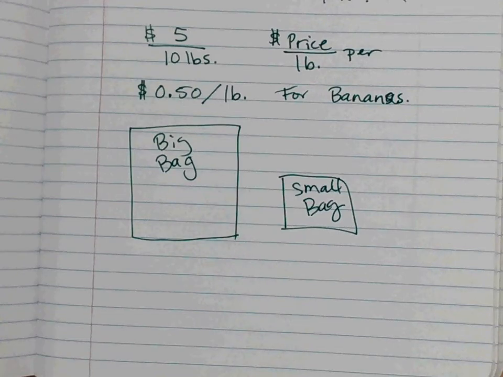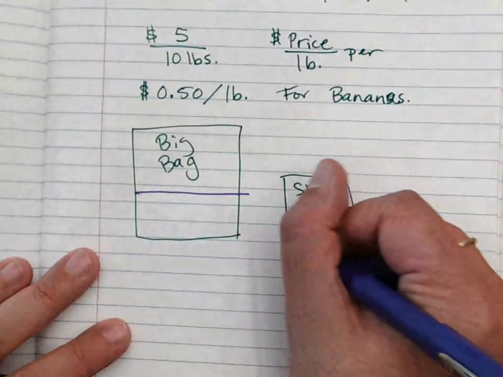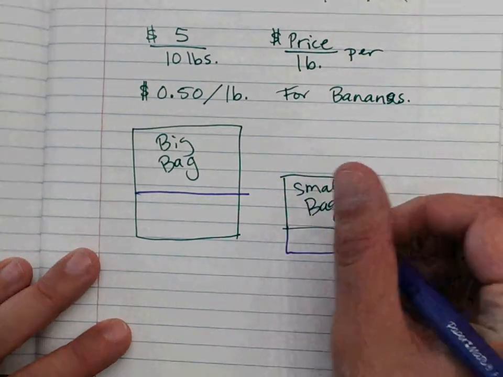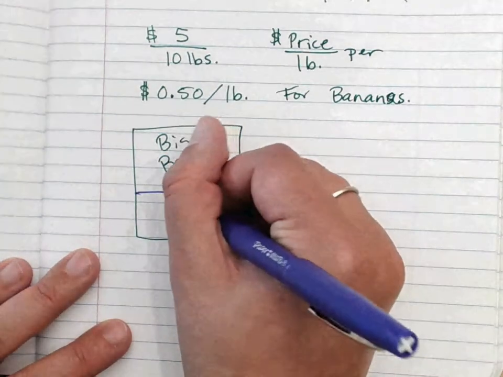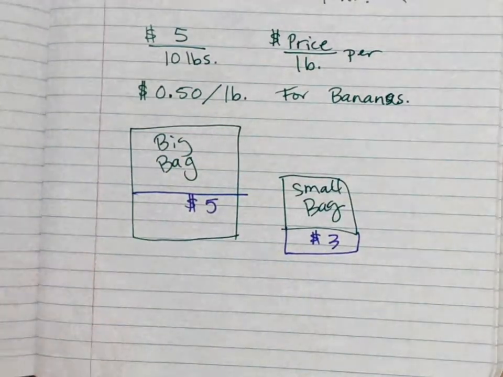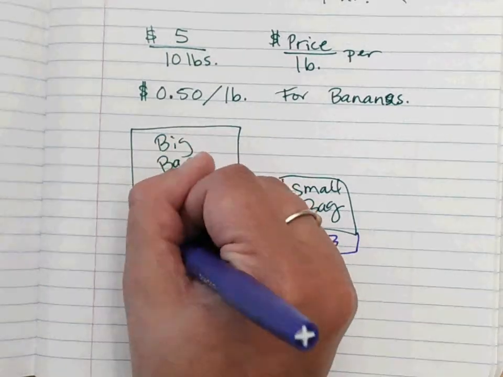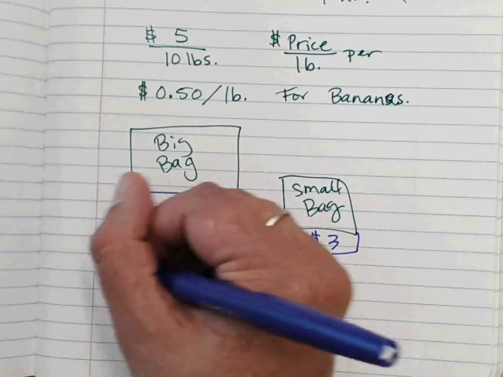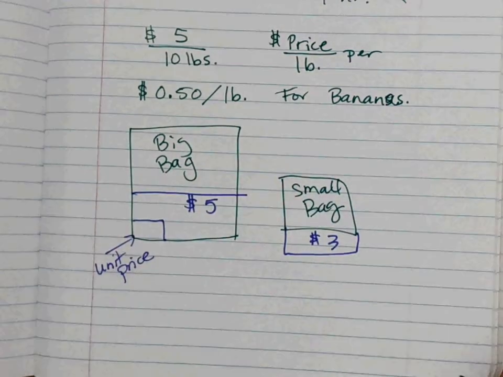So what we often want to do is compare the unit price. Now, usually what you'll see is, they'll list, okay, this bag costs $3, this bag costs $5, but they'll have a little unit price in the corner. And it actually makes me mad when I'm at the grocery store and they don't have that.